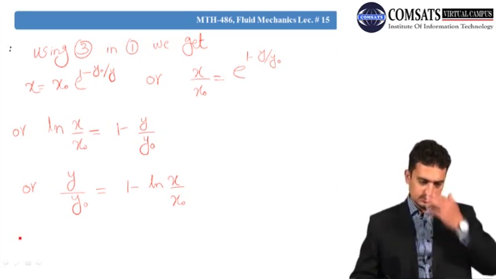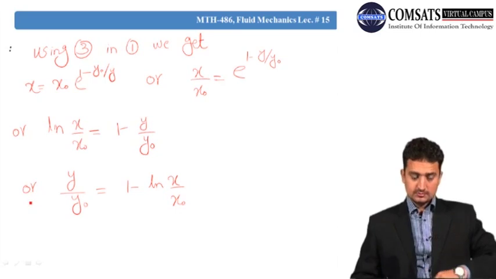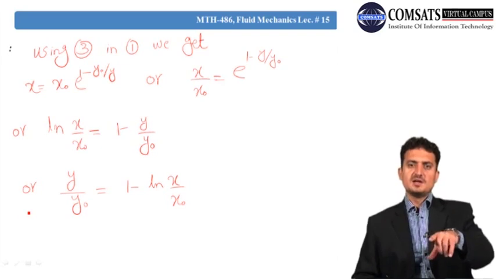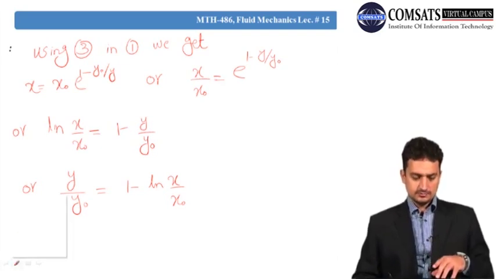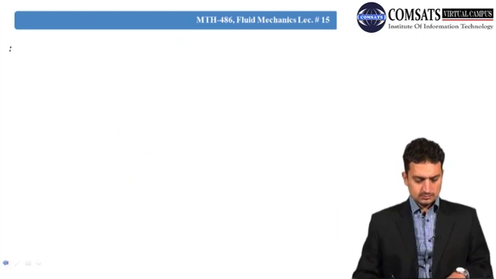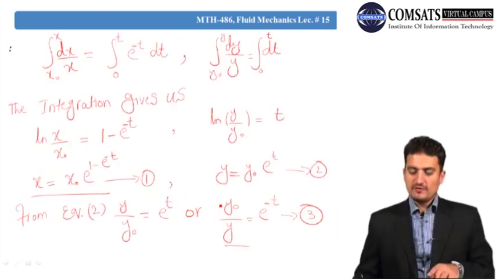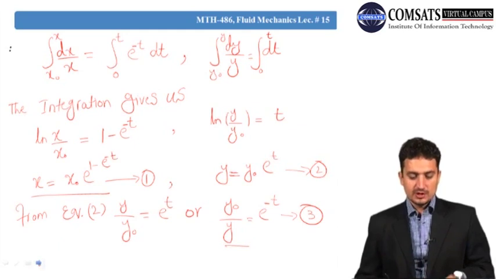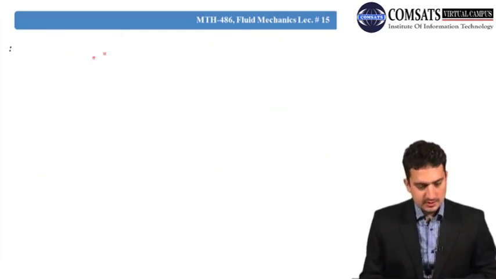Let's start this slide again, Irfan. Now we have expressed y and y naught in terms of e to the power minus t. अब equation number 3 को equation 1 में substitute करके we will make it independent of t.